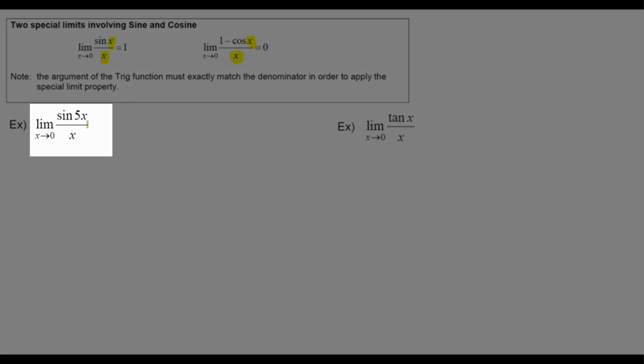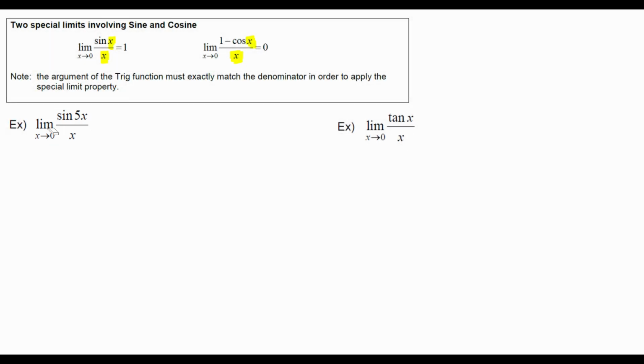Limit of sine of 5x over x as x approaches 0 equals, I see students pulling out this 5 in front of the limit. What we learned in the past is that the limit as x approaches 0 of c times f of x is equal to c times the limit of f of x as x approaches 0.